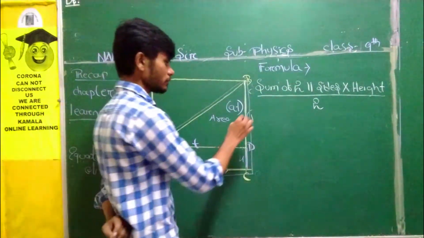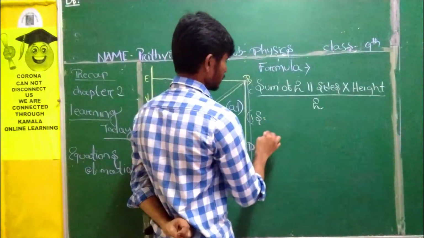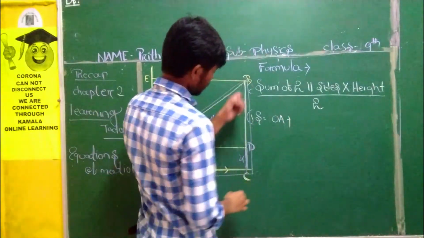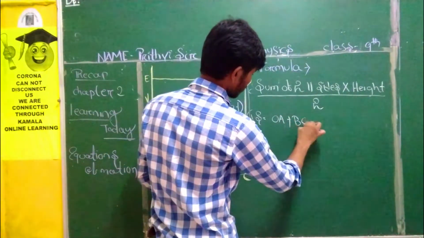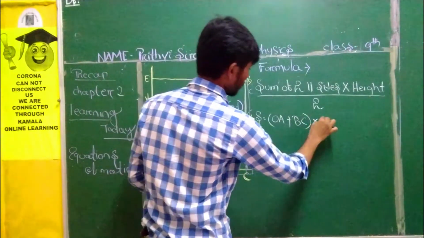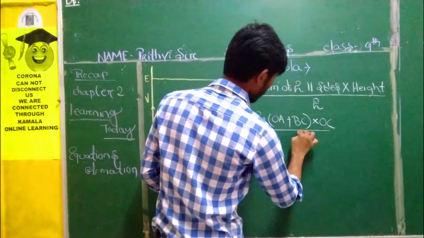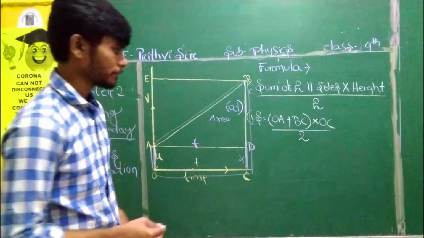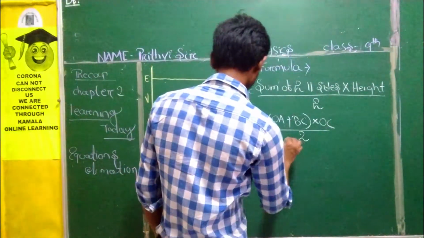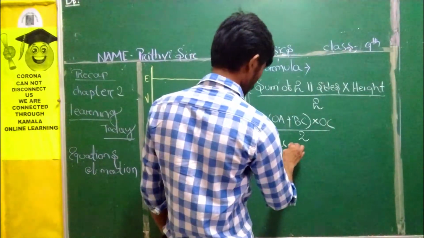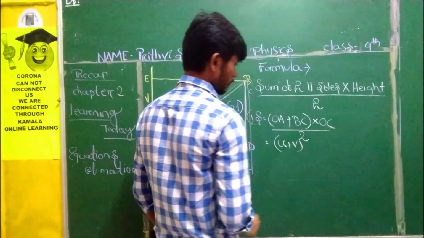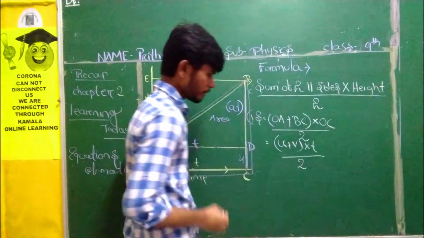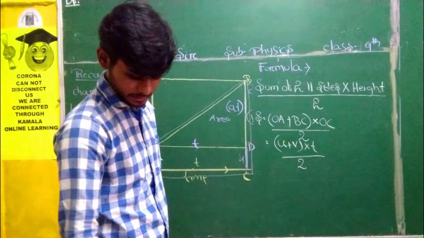Okay, I'll write S is equal to OA plus BC multiplied by OC, whole divided by 2. How much do I get? OA is equal to U, BC is equal to V, and OC is equal to t, by 2. Yes, students?